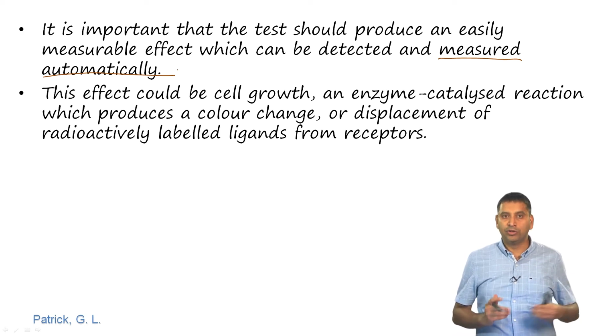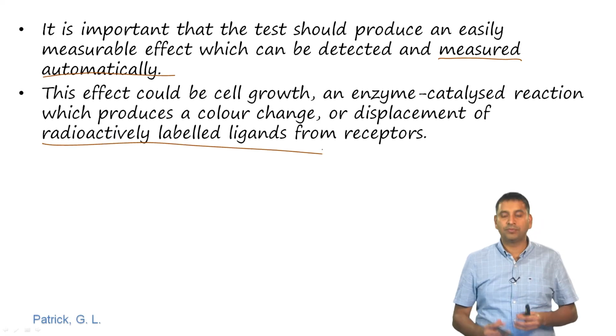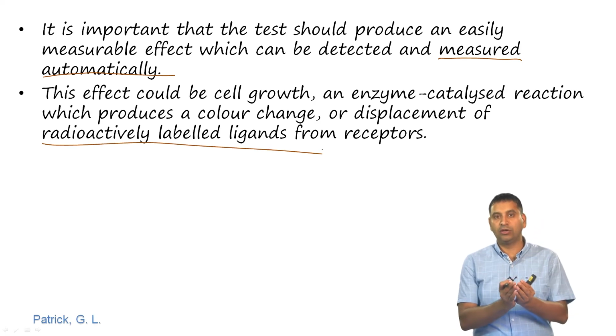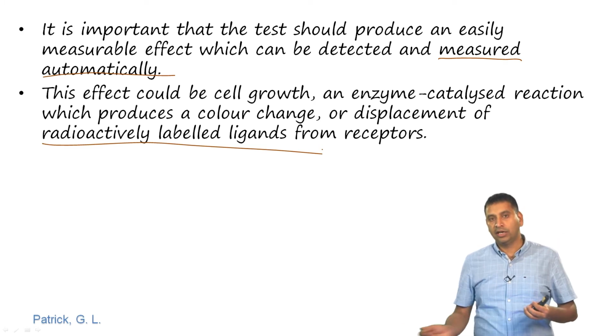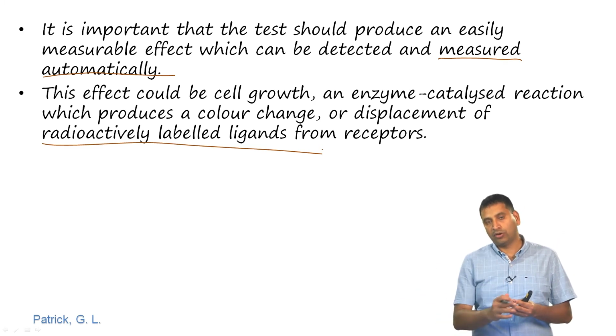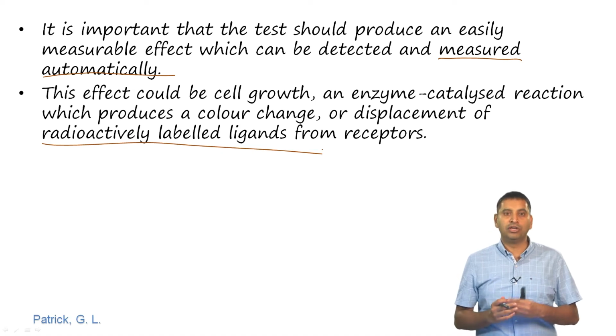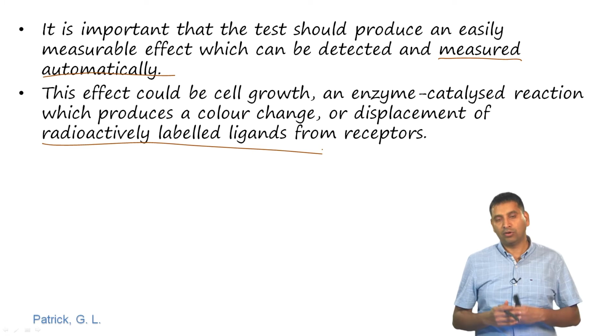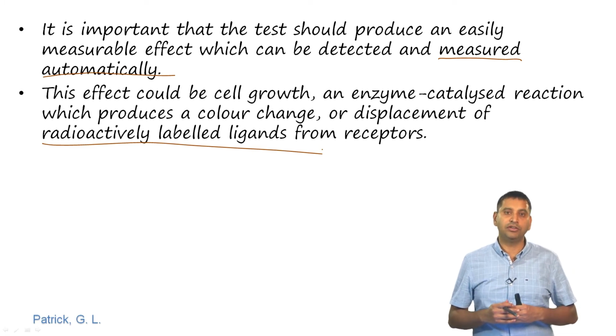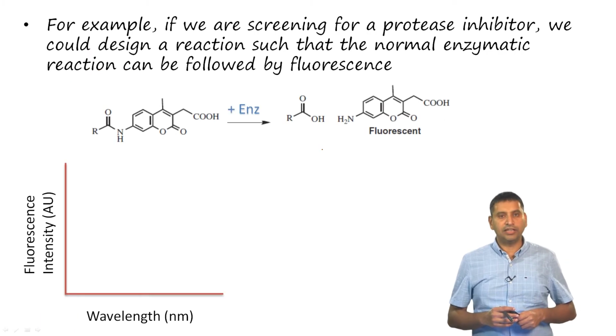Alternatively, we can also use radioactively labeled ligands in case of receptors, and we have already looked at this assay previously, wherein you add the radio labeled ligand and then you add your inhibitor or your binding agent, which is going to displace this radio labeled ligand. Based on the radioactivity that is retained, you can estimate the efficacy of the compound. Let us look at an example.